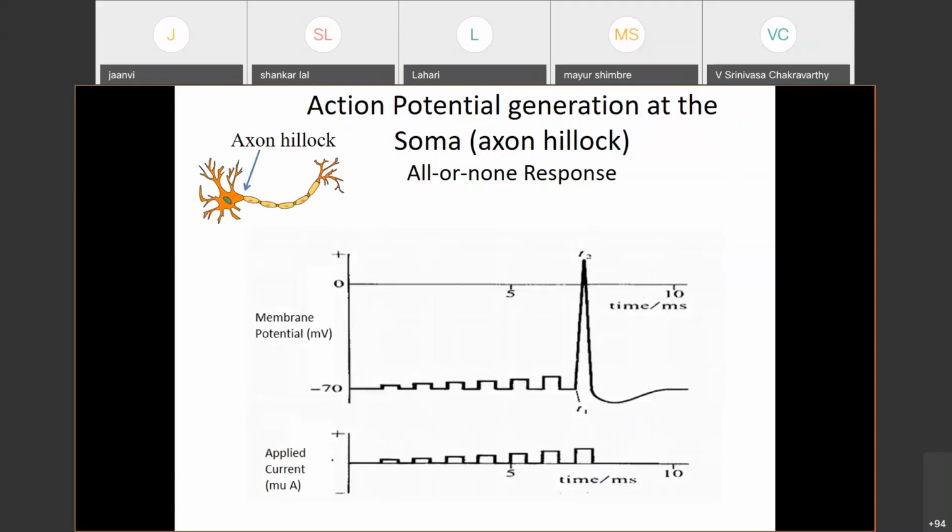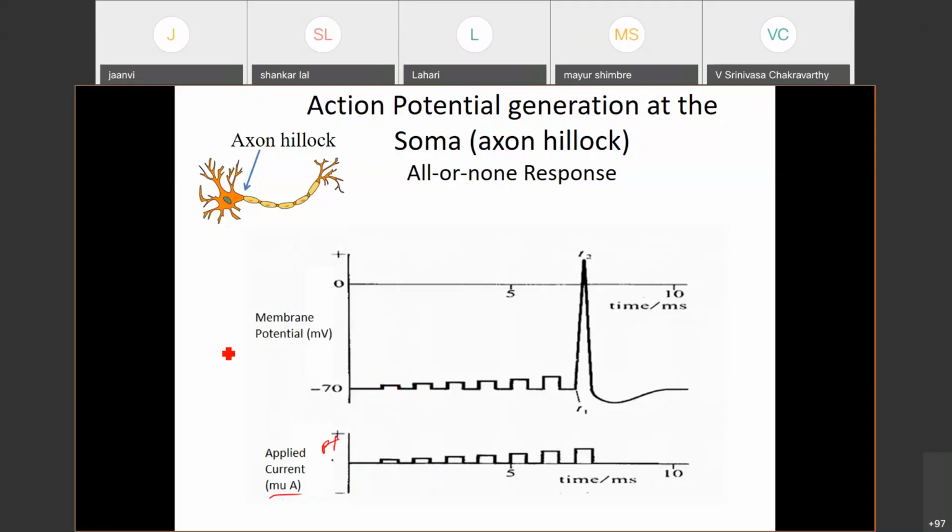So that change varies with your increasing current amplitude. Let's say the applied current is like this, just a pulse, and this is so many, let's say, picoamperes or something like that. In response to that, the voltage also increases and falls back.